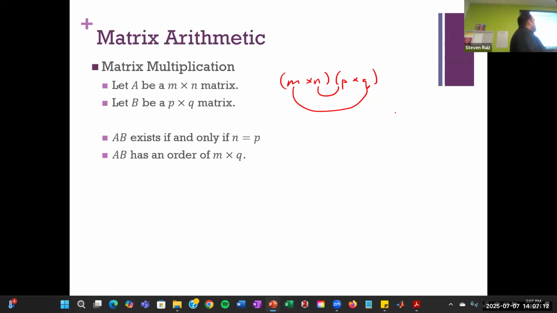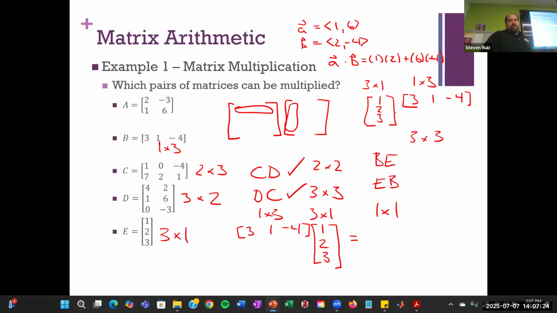But wouldn't that have meant that it would have worked in another way? Yeah, I think I was wrong the first time, but I got corrected and I corrected it. Yeah, C and D work both directions. Well, 1 times 3 and 3 times 4, those work both directions too.